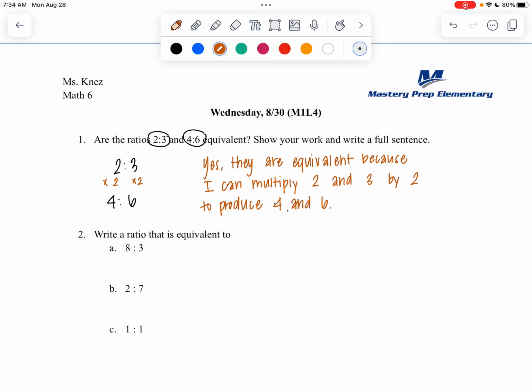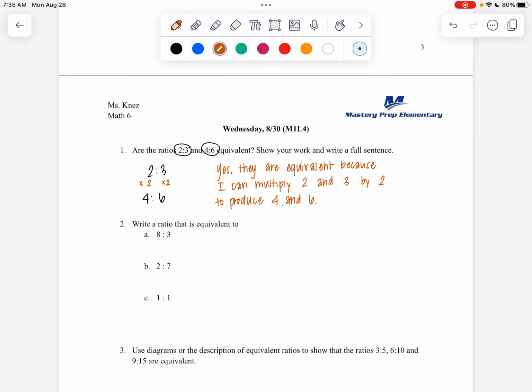This is always how we set up equivalent ratios. We're multiplying both sides of the ratio times the same thing. You'll want to keep that definition in mind when you work on Wednesday night's homework. There's also a reminder on the last page of this homework packet.